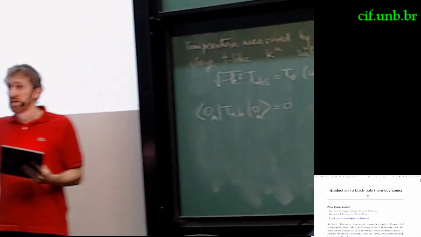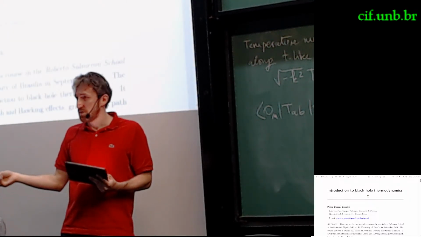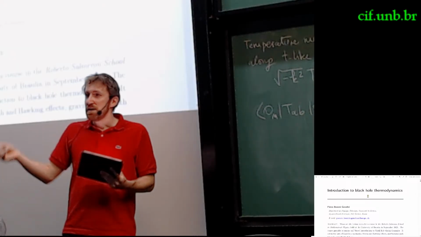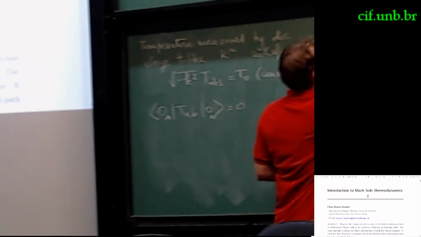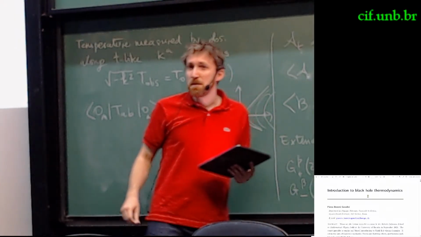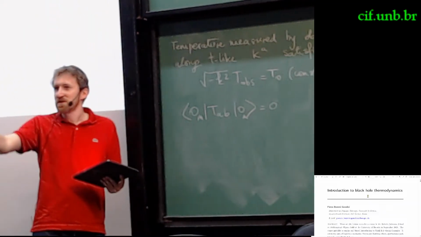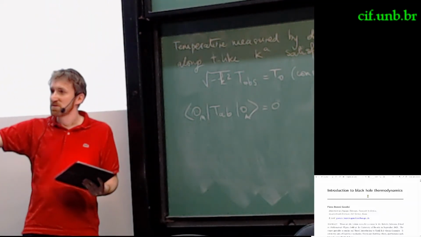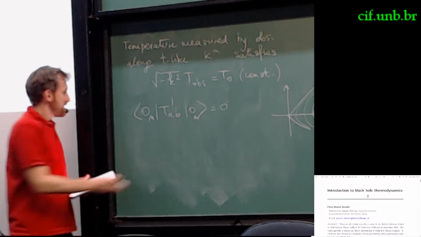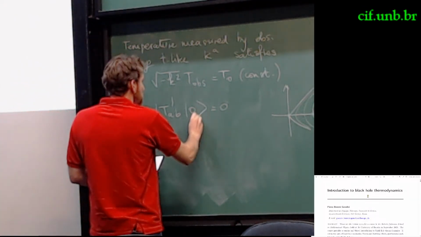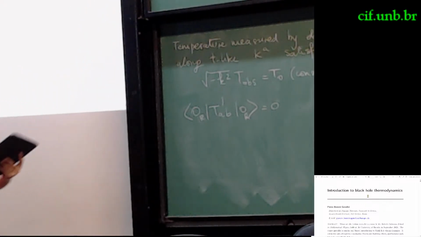But the stress energy tensor of the Rindler observer is related to the one of the Minkowski observer by a tensor transformation that is induced by this diffeomorphism, by this change of coordinates. But you know that a tensor equation that is equal to 0 is invariant under tensor transformations. So the stress energy tensor measured by the Rindler observer will also be 0. So everything is good in physics, and we are very happy.